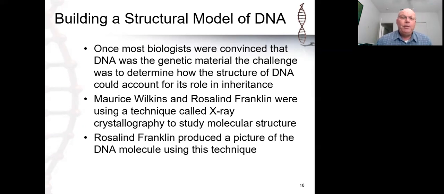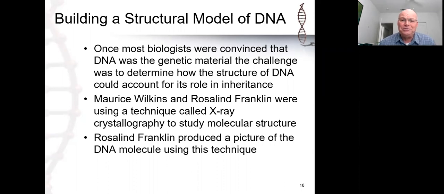In the UK, Wilkins and Franklin were working at King's College. Now, the relationship between Wilkins and Franklin was, at best, they tolerated each other. And the reason why was because both viewed their working relationship very differently.